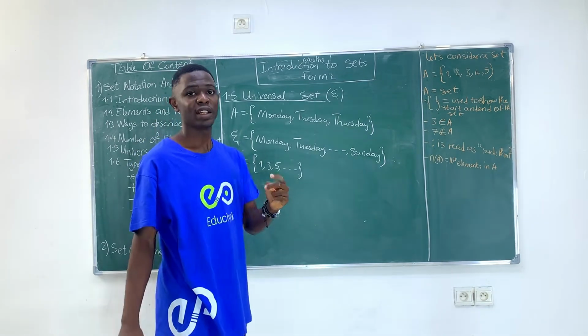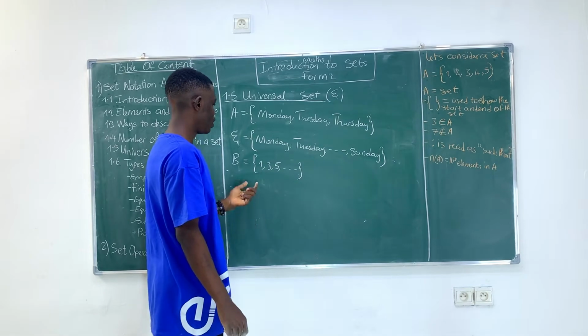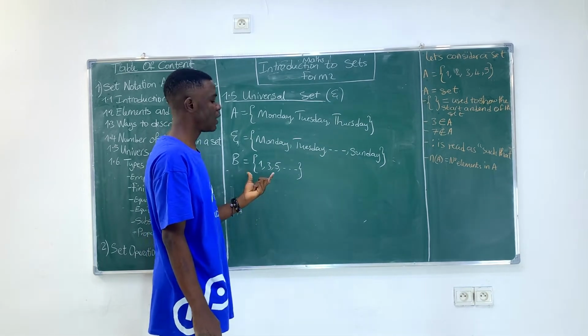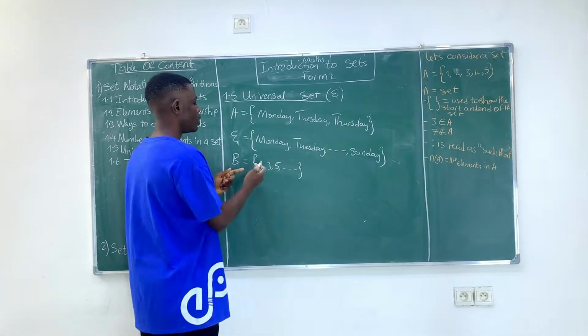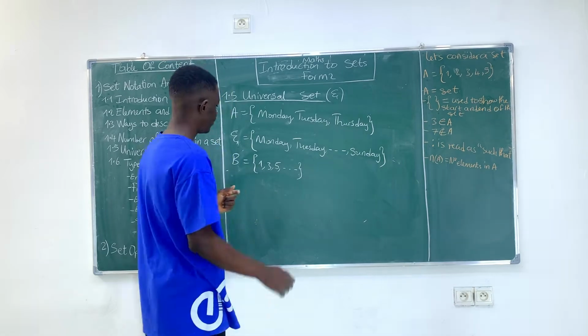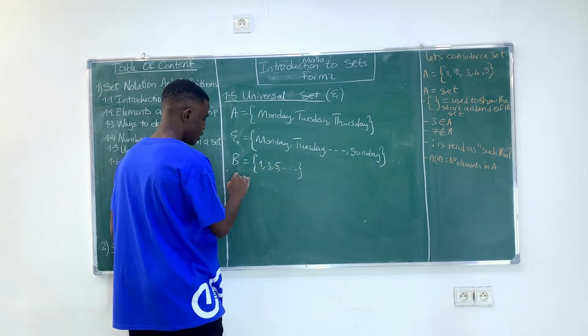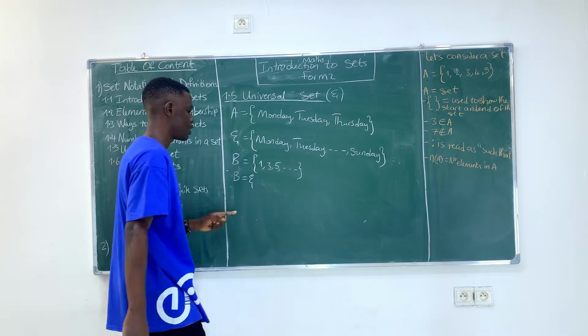Because every set is either a universal set or has a universal set. So this set, if I'm talking about every odd number, it's already a universal set because it already contains every odd number. So if I have another set here, I can say that B is equal to my universal set.